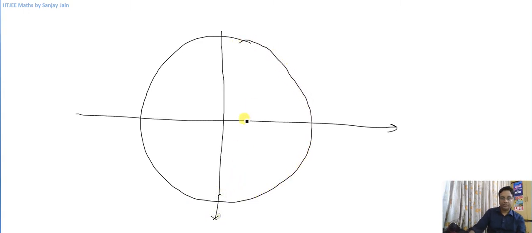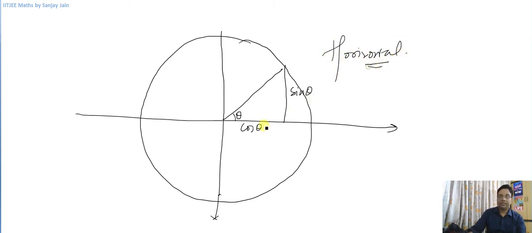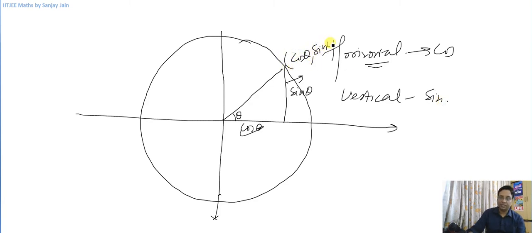Alright. And this is angle theta. So this length here is cos theta. This length here is sin theta. So the horizontal length here is cos and the vertical line here is for sin. And these coordinates are cos theta comma sin theta.